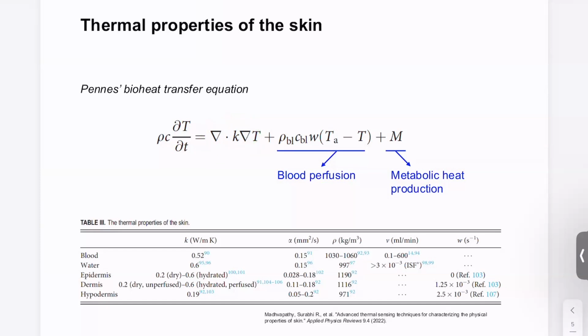My question here: for the epidermis and dermis, you will see the K is about 0.2 when it's dry, but when it's hydrated, it increases to 0.6. Why does thermal conductivity increase with hydration?